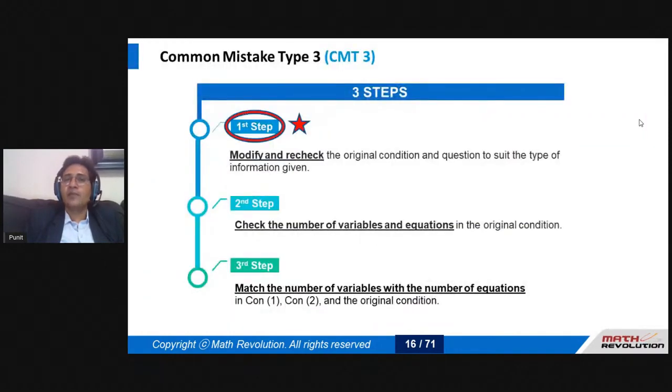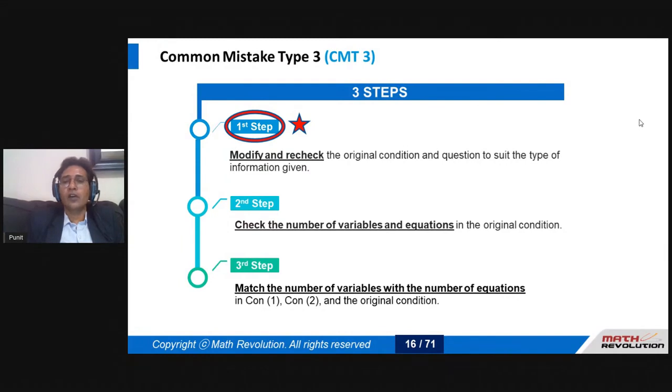Now, common mistake type 3, soon I'm about to come to some typical key questions, so please remain very focused on this. So common mistake type 3, again, the three steps are same. We have to modify, we have to recheck. That's the first. We have to match the number of variables and equations in the third step.